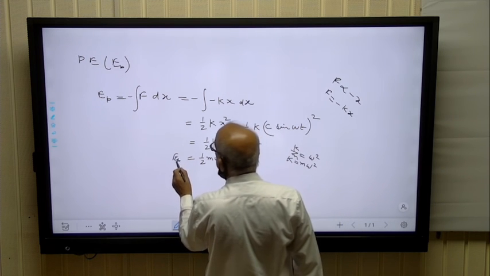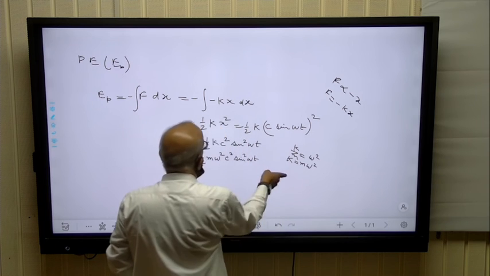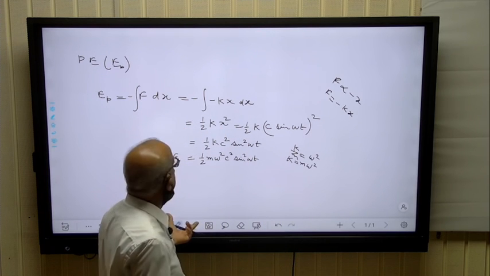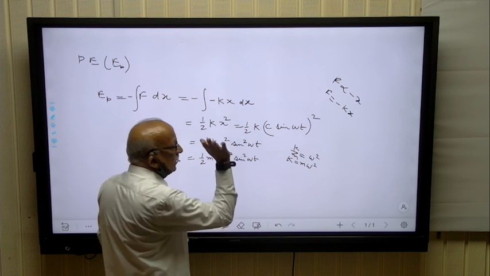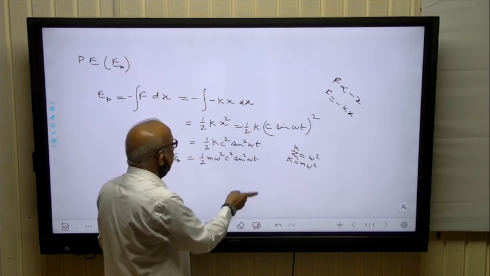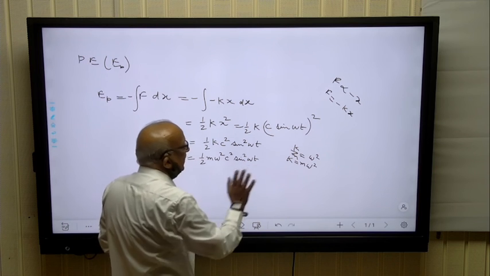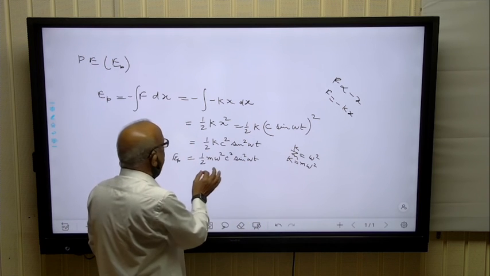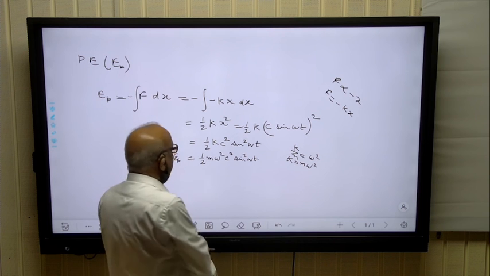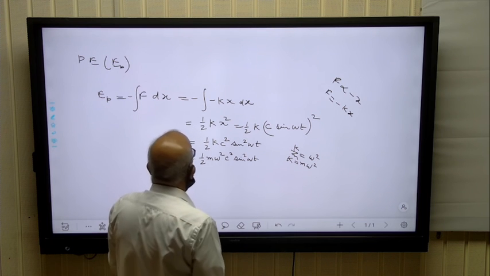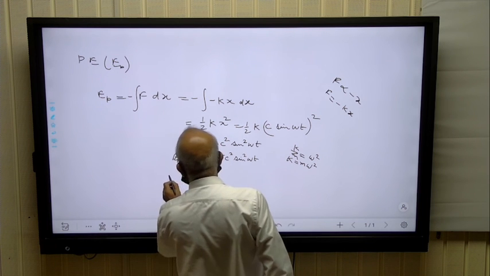This is E P. From this expression, again we have that potential energy is a function of time, and any physical quantity that is a function of time is instantaneous at a particular instant of time. This is the potential energy. Therefore we should take the average.